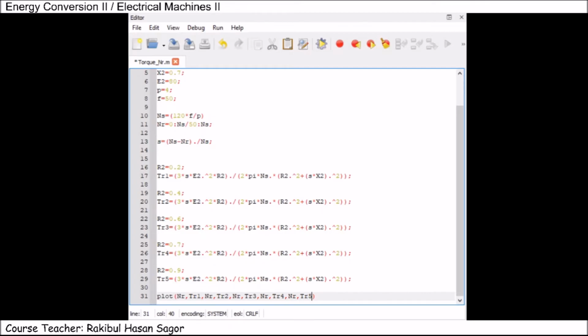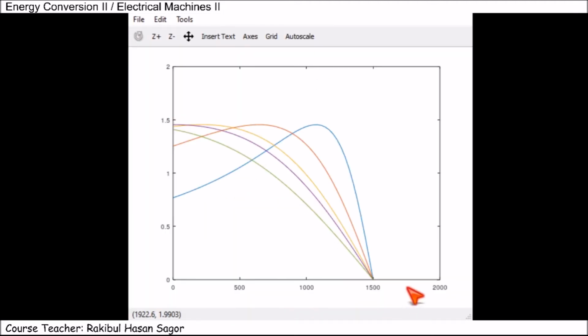So all the plots will be shown on the same figure. So let's see. Now that's it.